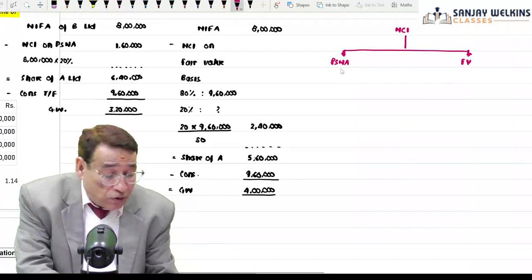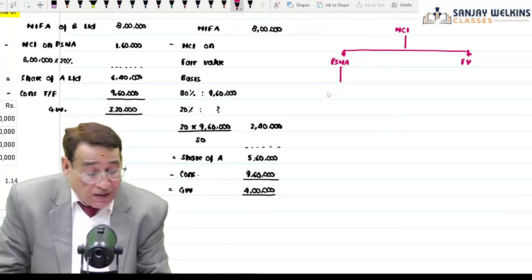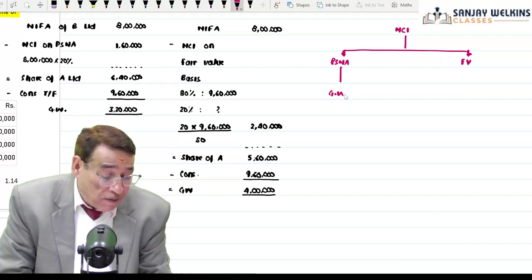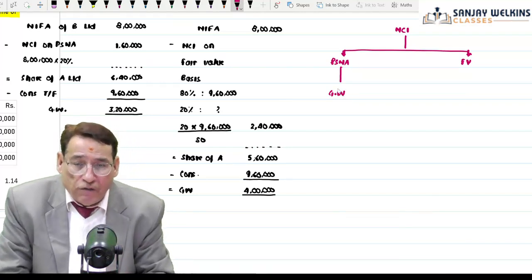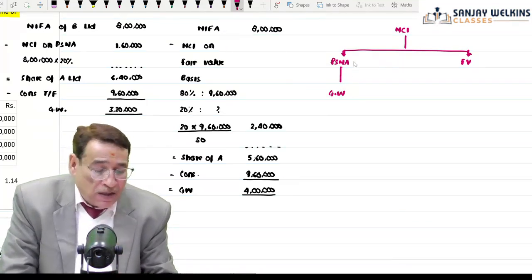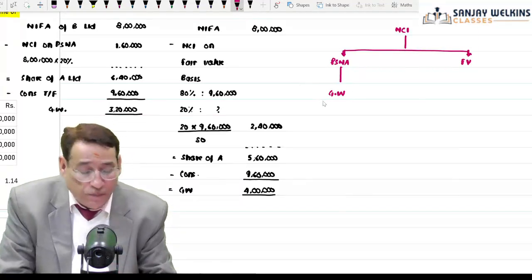When we compute NCI on PSNA basis, whatever amount of goodwill we get, for example, in this question, NCI was 1,60,000 and if you remember, the goodwill was 3,20,000.